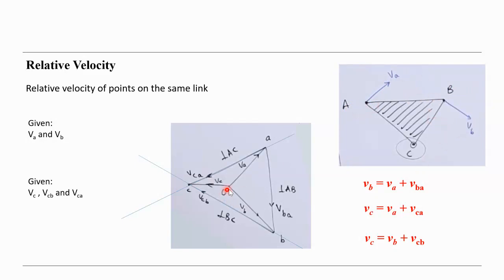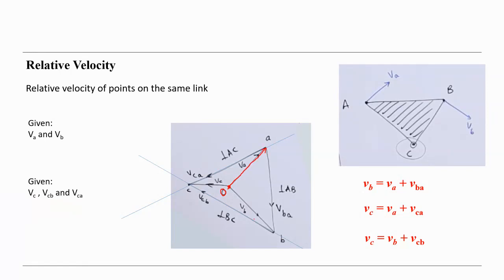So again, we can select a point here. Let's use the pencil. Any point here, let's say the O. We can select it arbitrarily. Then we can draw the speed with a scale, of course, using a scale, VA. So this is the VA here.